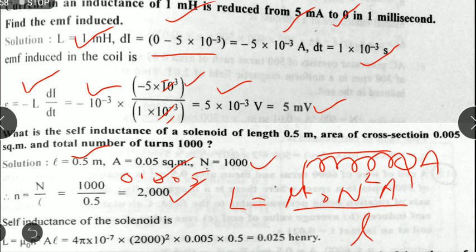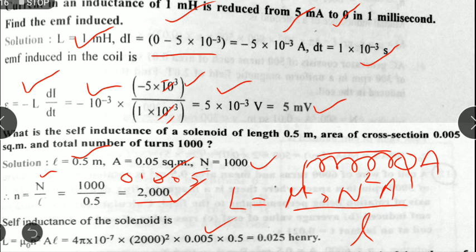You can directly substitute. If you use the formula mu naught small n square A into L, then rearrange the form, that is n is equal to N by L. N value is 1000, L value is 0.5. So you will get 2000.